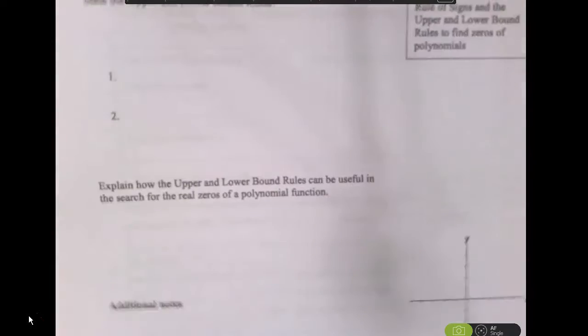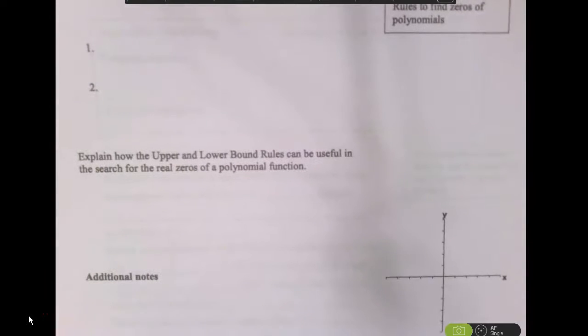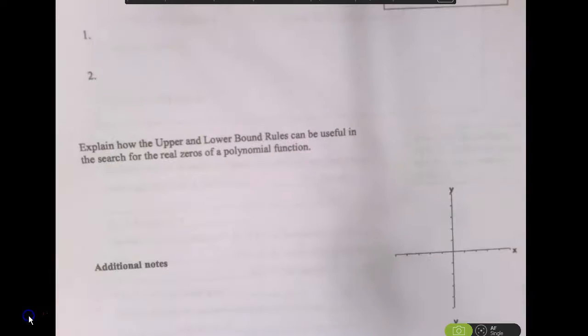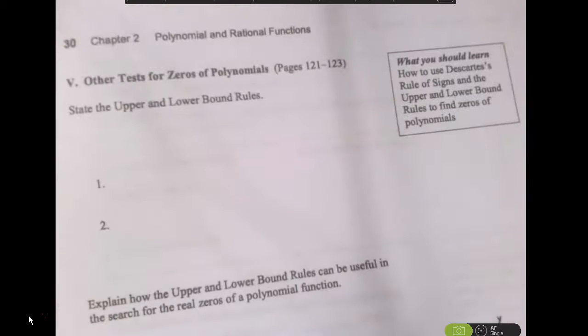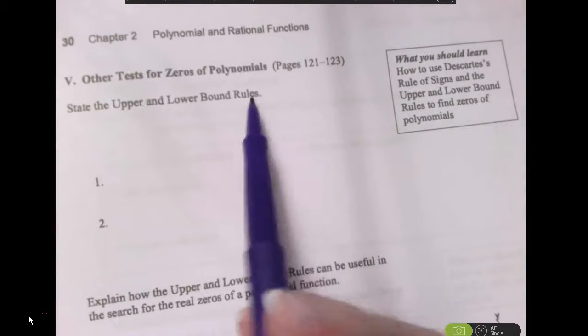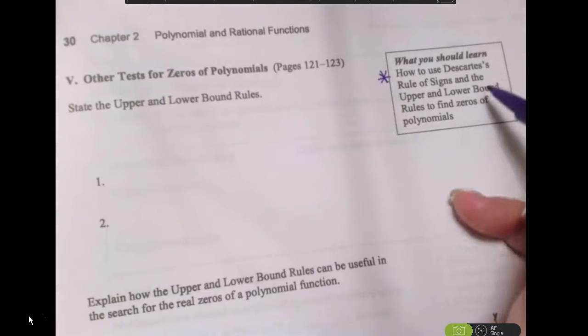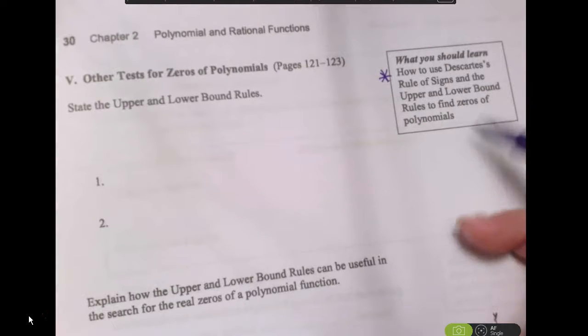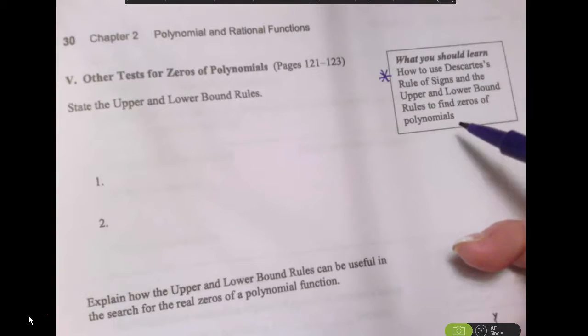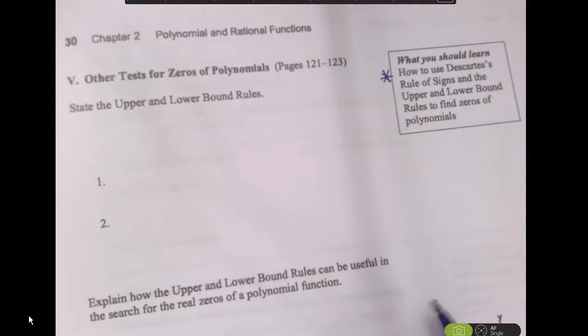Other tests for zeros of polynomials. Okay, so I am going to go through the upper and lower bound rules, and then I'm going to show you an example of using Descartes' rule of signs to determine how many and which type of zeros there are of polynomials.